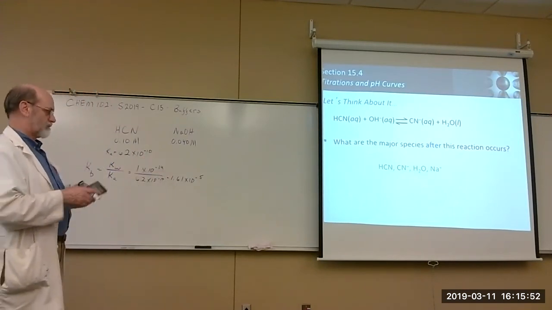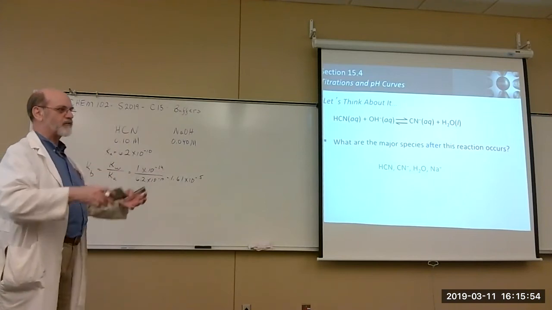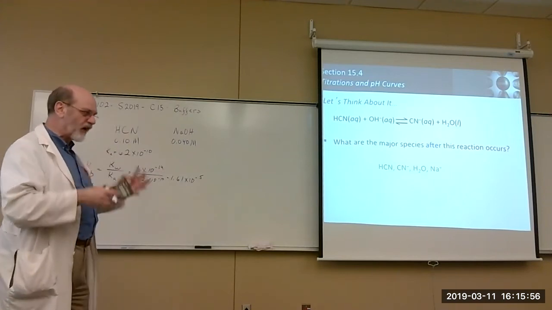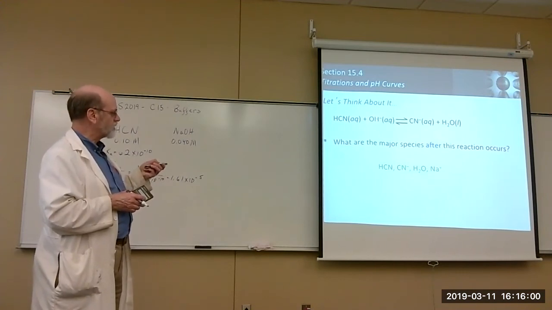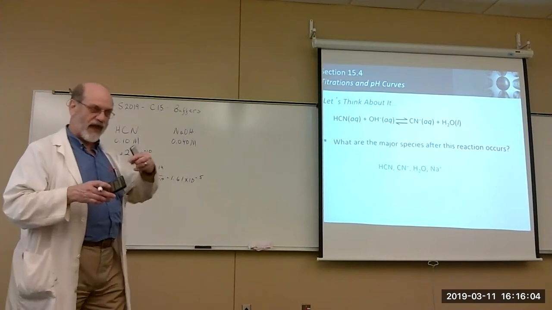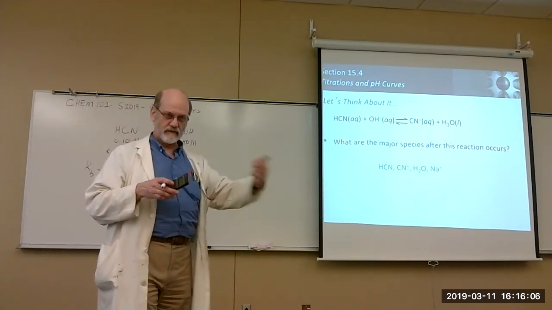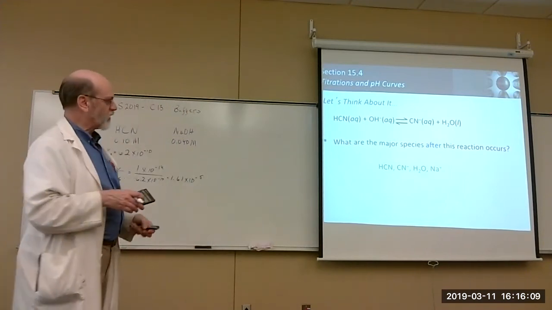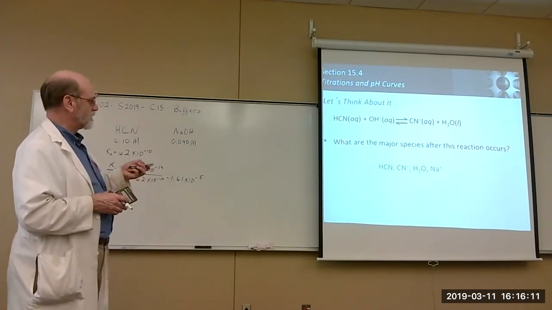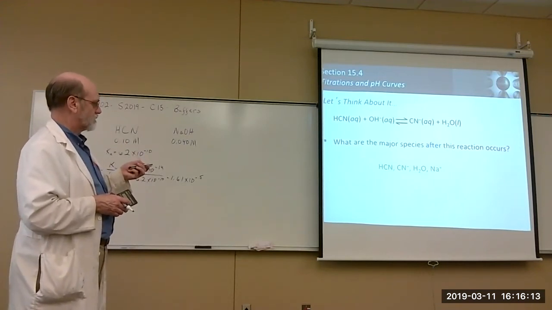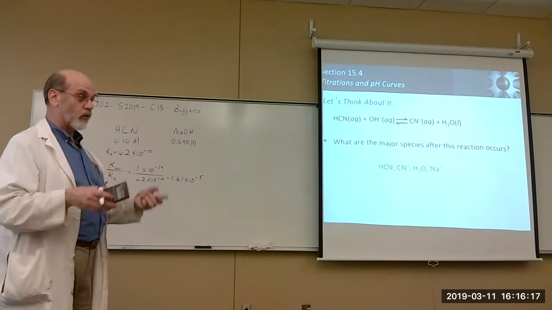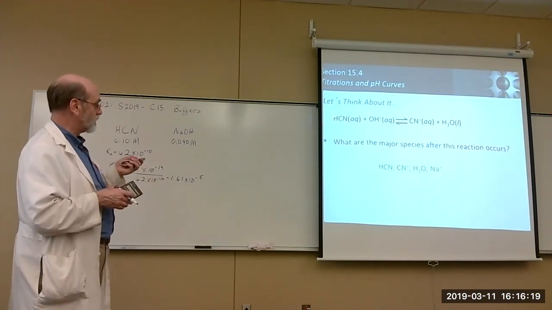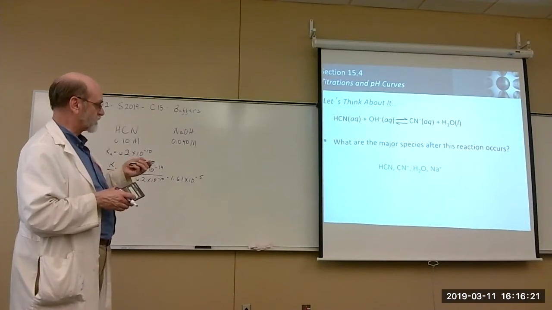So the stoichiometric result of the equation is to consume all of this, because it's going to be the limiting one, because we're adding base gradually. Of course, not at equilibrium, but at the stoichiometric point, we would consume all of that to produce this.